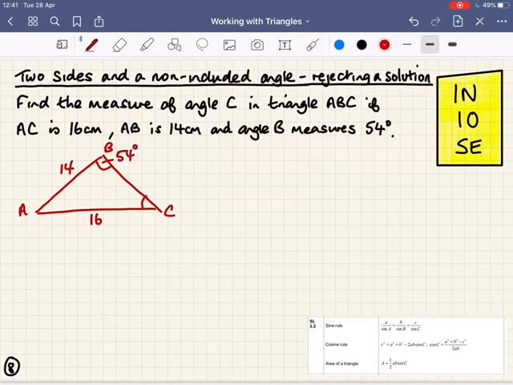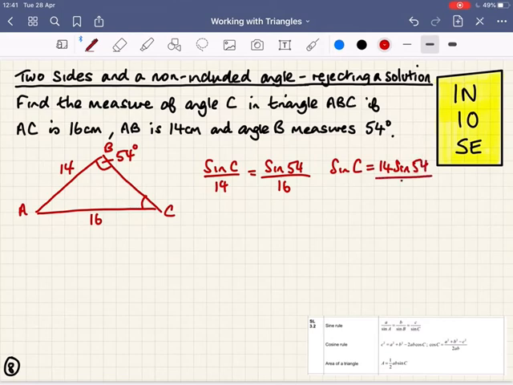So let's write down the appropriate ratio. I want to find the angle at C, so sine C over 14 is equal to sine 54 over 16. So sine C is equal to 14 sine 54 over 16.